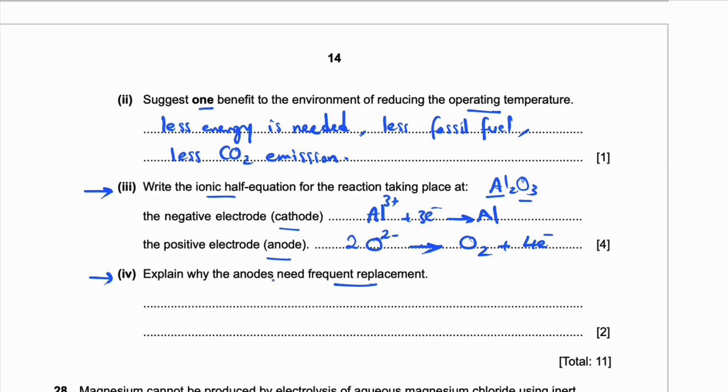Remember, we need to replace carbon because carbon reacts with oxygen and it produces carbon dioxide, so it burns away with time, so we need to replace it. So the answer is carbon reacts with oxygen to form carbon dioxide.